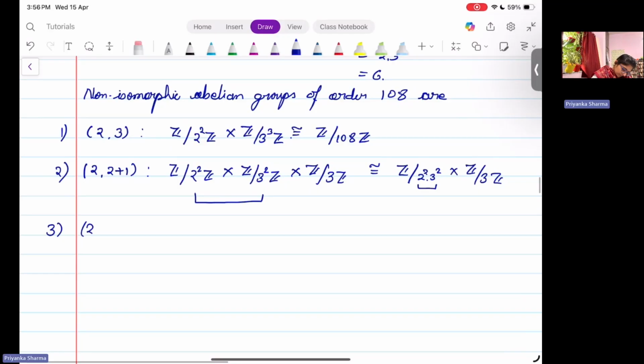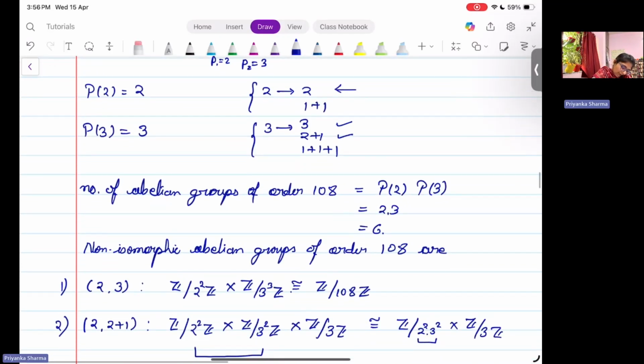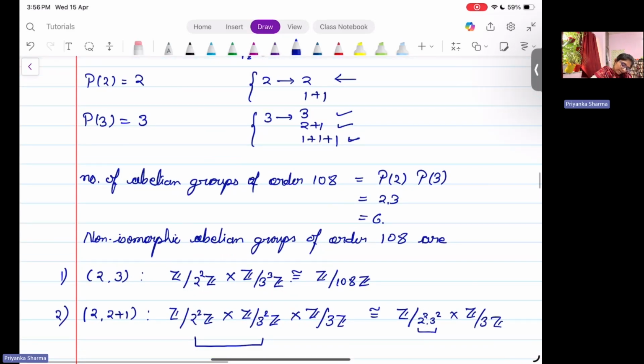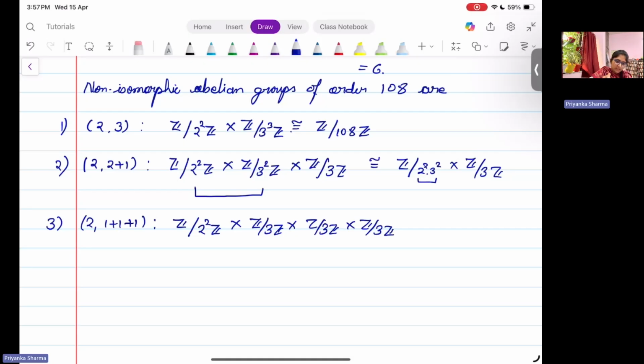Third one: for the partition 2 of 2, we have another partition of 3, that is 1 plus 1 plus 1. So here we will have this Z mod 2 to the power 2 Z cross Z mod 3 Z cross Z mod 3 Z cross Z mod 3 Z, corresponding to the partition 1, 1, 1 of 3.